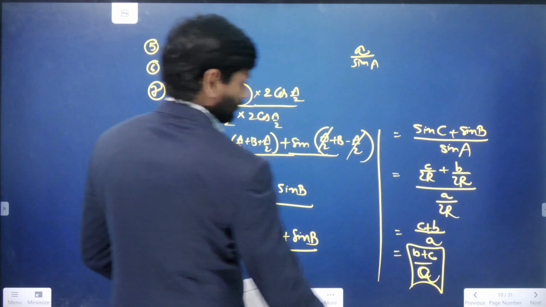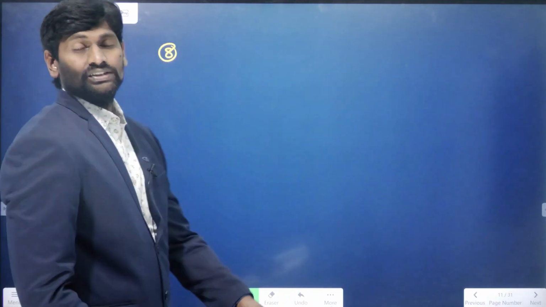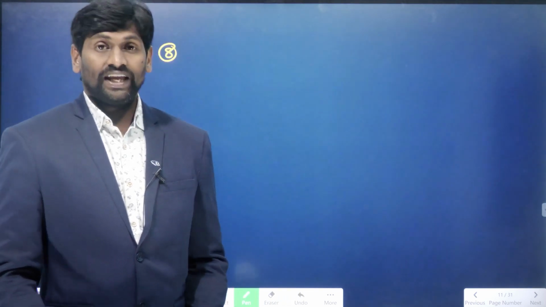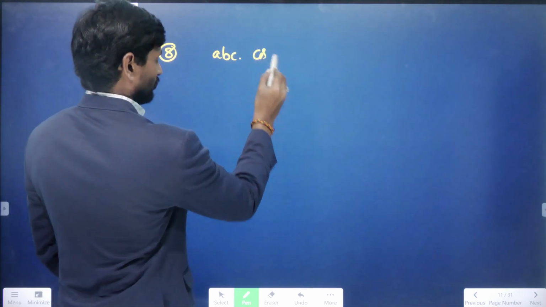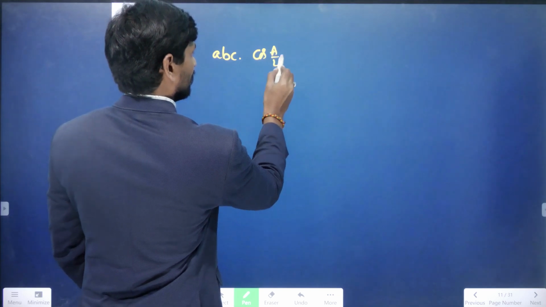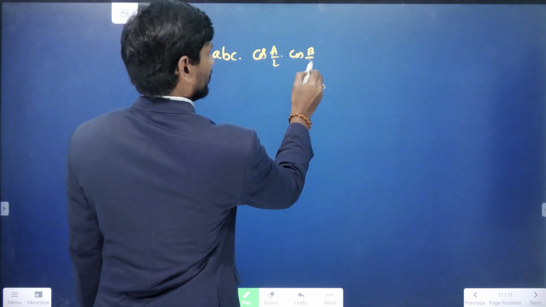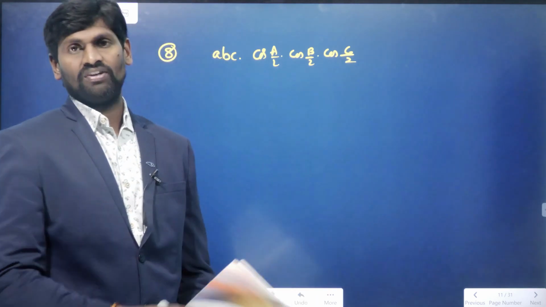Problem number 8 is given: in triangle ABC, a b c into cos A by 2 into cos B by 2 into cos C by 2. Just the half angle formula we will apply here.